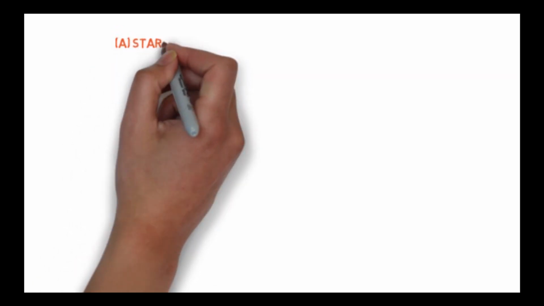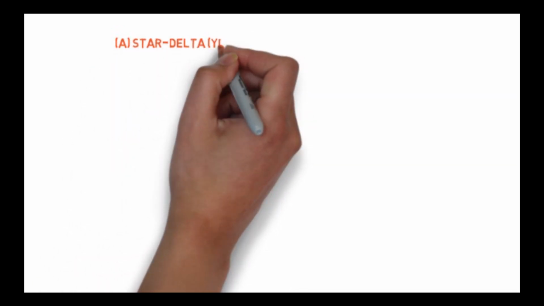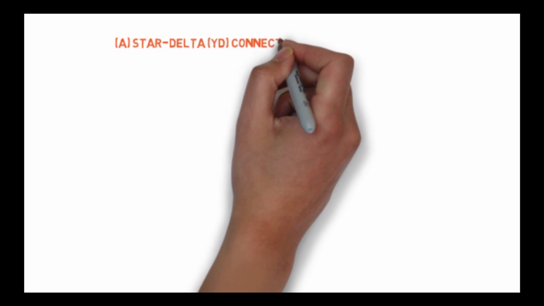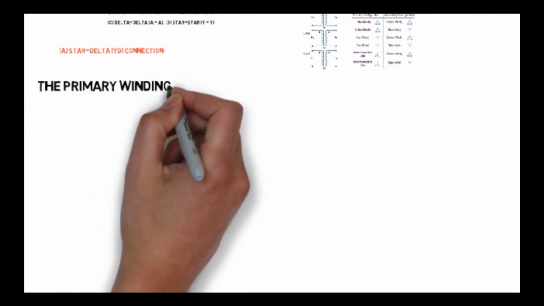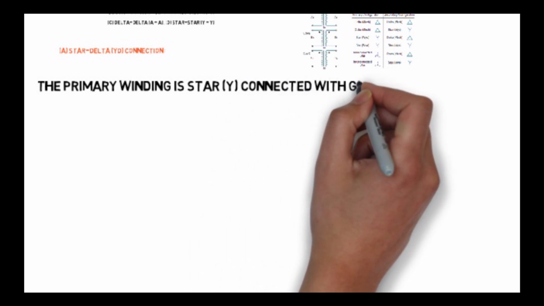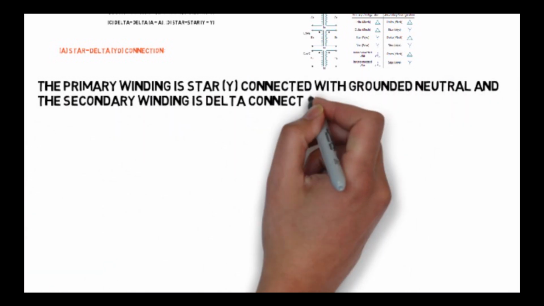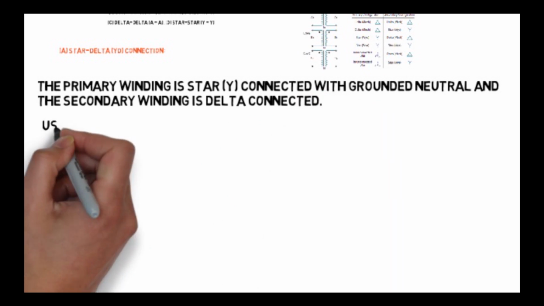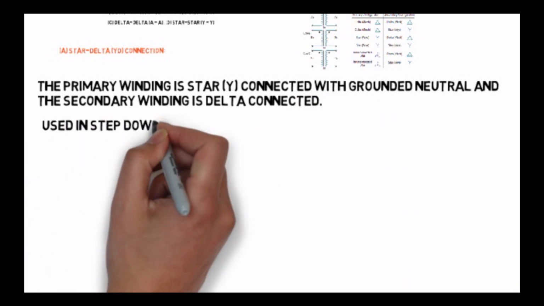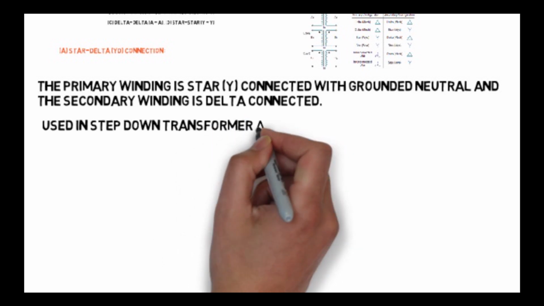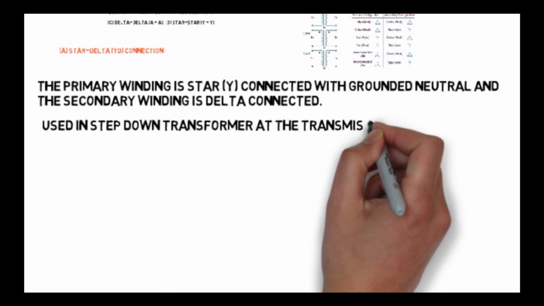First, let us look upon star to delta type connection. The primary winding is star connected with grounded neutral and the secondary winding is delta connected. This is used in step down transformer at the transmission line.